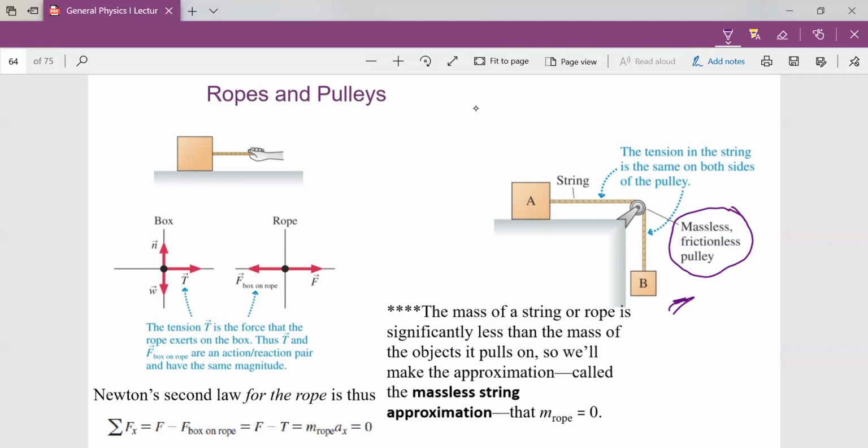So we are emphasizing that the tension on that rope or string is the same. So the tension on this side is going to be the same as the tension on this side. It is still the same rope, as long as it is being passed through a massless, frictionless pulley. It's not going to have influence on the tension force. The only thing is the direction. It bends to this side, but the tension force is going to be the same.